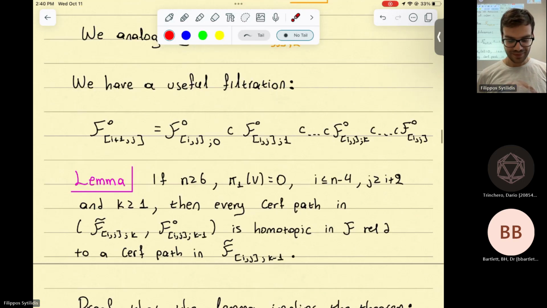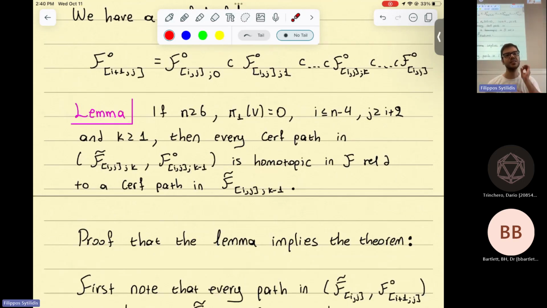But I do have to state a lemma. So what does the lemma say? These are hypotheses that I now have to keep assuming all the time.